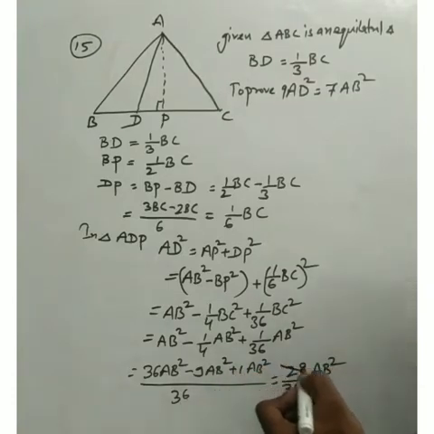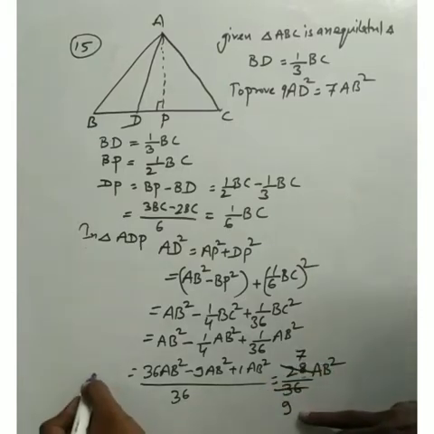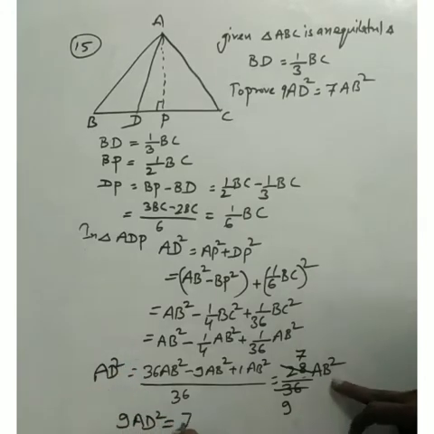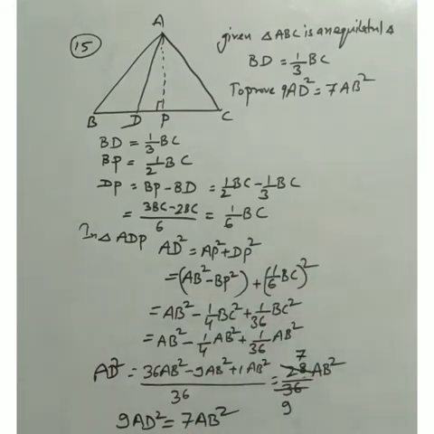Cancel it by 4. It is 7 and 9. Shift this 9 on this side. 9 AD square is equal to 7 AB square. Hence proved.